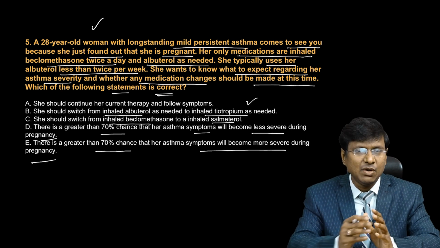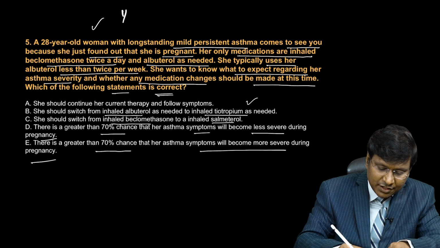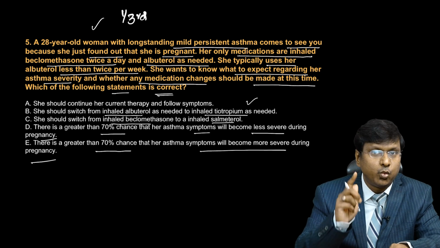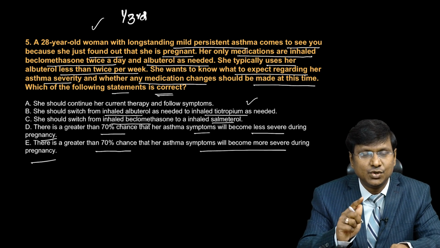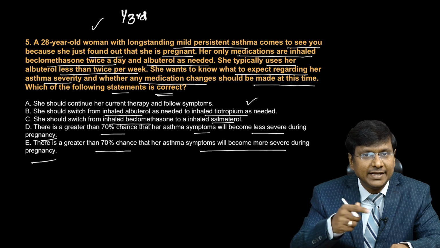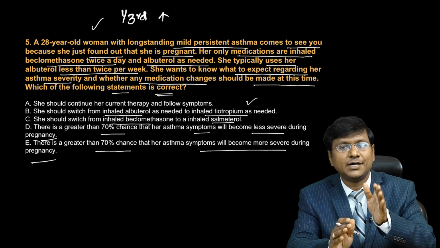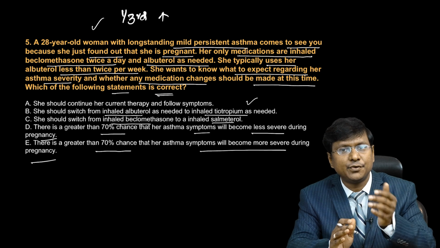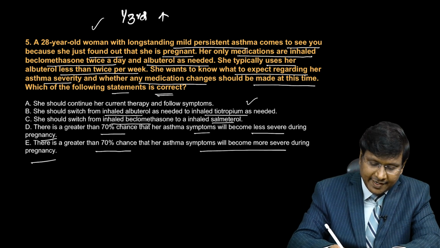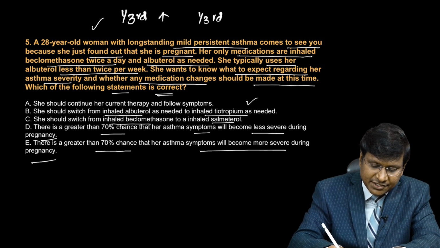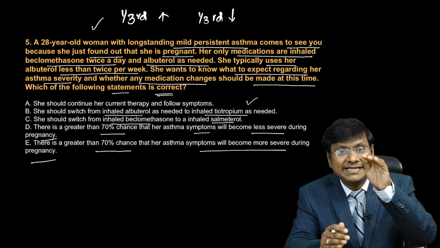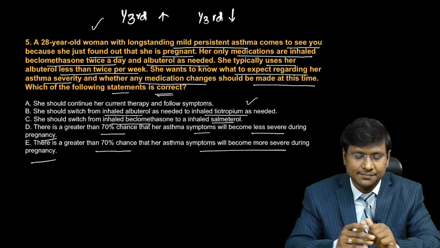What has been found is that approximately 1/3 of asthmatic patients who are pregnant will improve during the course of pregnancy. 1/3 of patients deteriorate during the pregnancy.